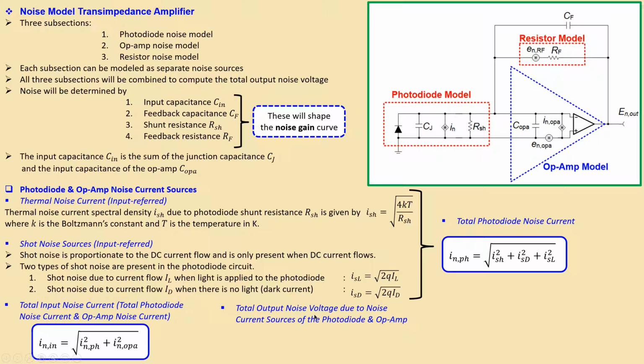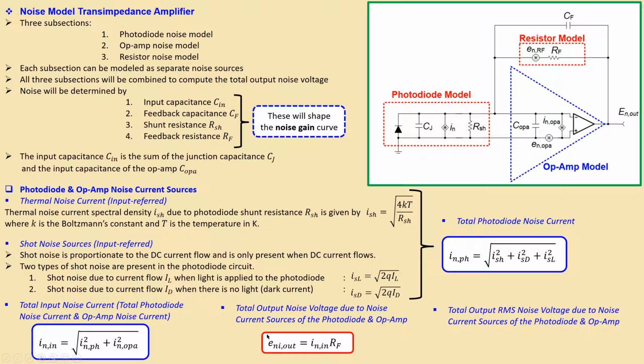The total output noise voltage due to the noise current source of the photodiode and the op-amp can be calculated using this, which is just Ohm's law. You just multiply this by the feedback resistor RF, and you will have your output noise voltage due to the input noise current source. So this is just one contribution.